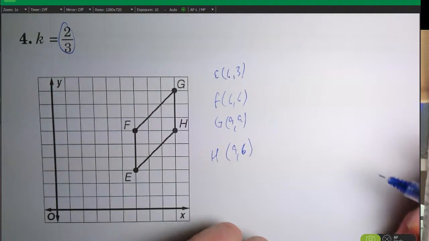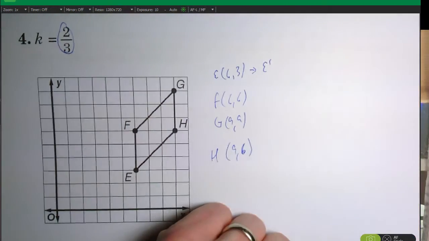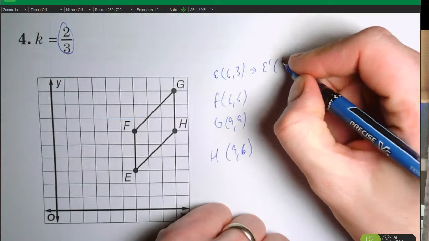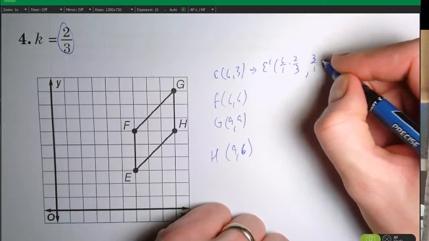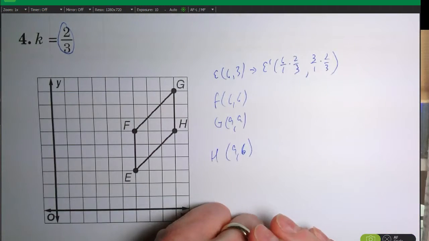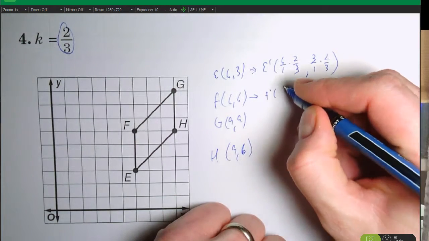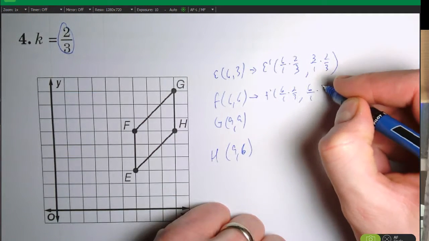Okay. So the notation is E prime. You put an apostrophe there. That means that's the new figure. So it'll be 6 over 1 times 2/3, comma 3 over 1 times 2/3. Do the same thing for F: 6 over 1 times 2/3, 6 over 1 times 2/3.